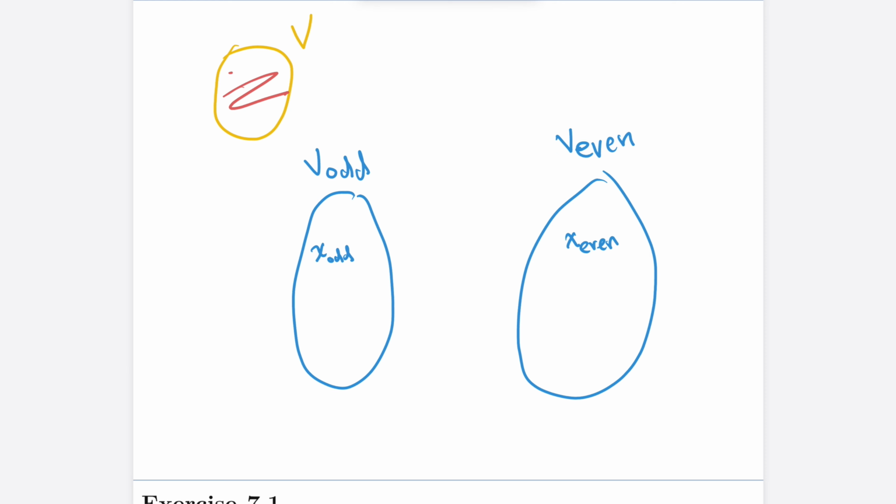And for every edge in the original graph, I'll make an edge from the odd copy to the even copy, and an edge from an even copy to the odd copy. So I've made two copies of the vertices, and I've added the edges in both directions. If an edge went from point A to point B, now it's going from A odd to B even, and from A even to B odd.